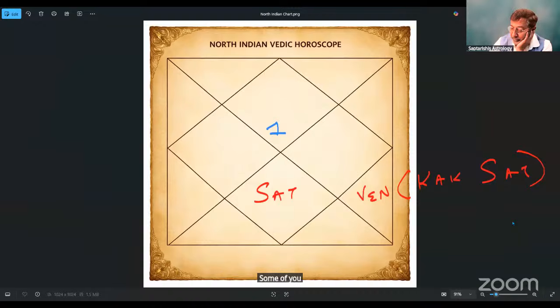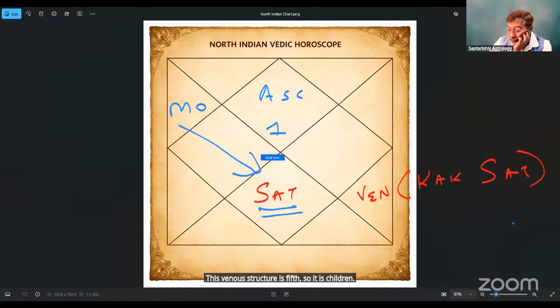Some of you can smile for that. So this is from main ascendant. Are you getting it? But from moon ascendant, this Venus Kaksha is fifth, so it is children. Got it?